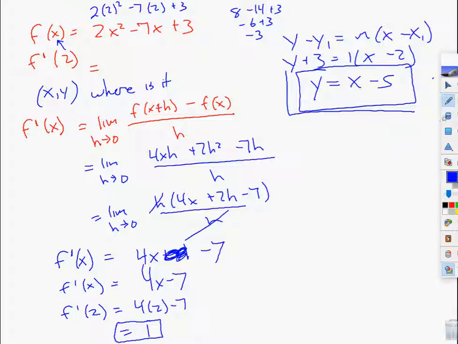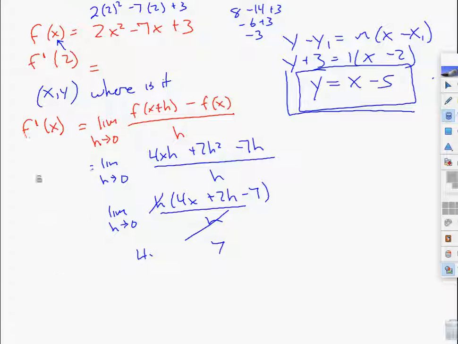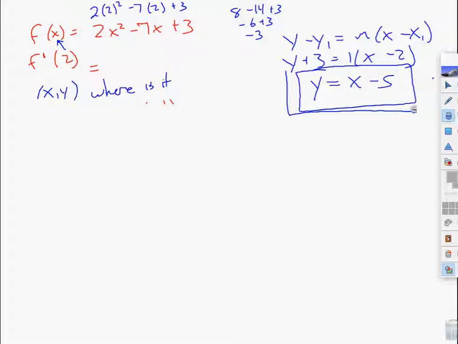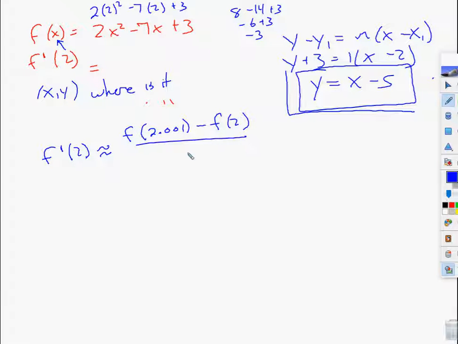Now, we did not have to find this equation right here. We wanted the derivative at a certain point. So we could have done an estimate. We could have said, well, our derivative is about f of x plus h, so we'll just add a little bit, minus f of 2, and done something like this, estimated it, and gotten something.